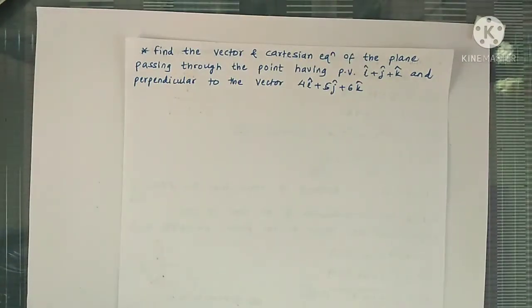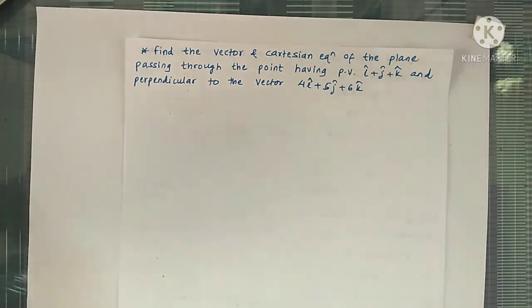The given question is: find the vector and Cartesian equation of the plane passing through the point having position vector i cap plus j cap plus k cap and perpendicular to the vector 4 i cap plus 5 j cap plus 6 k cap.